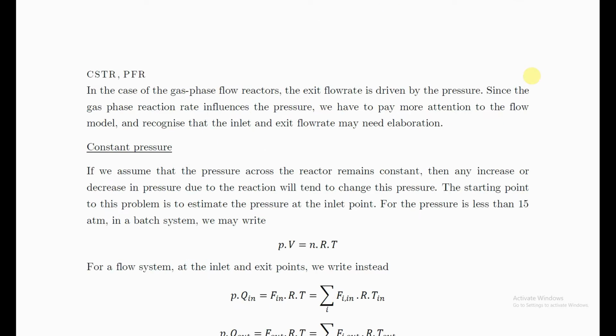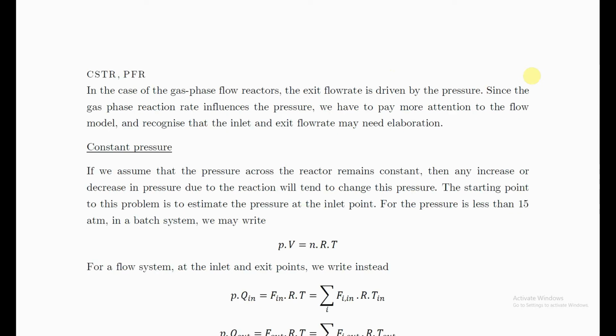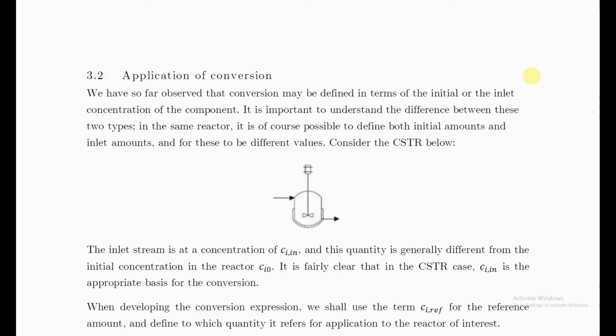Okay, now let's look at a non-equimolar reaction. The same non-equimolar reaction. Let's look at this reaction in the context of a CSTR or PFR, and let's think about how we can estimate the volumetric flow rate. So now let's imagine what's going to happen in this reactor.